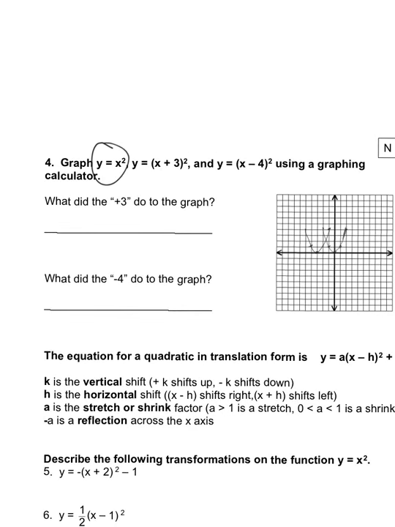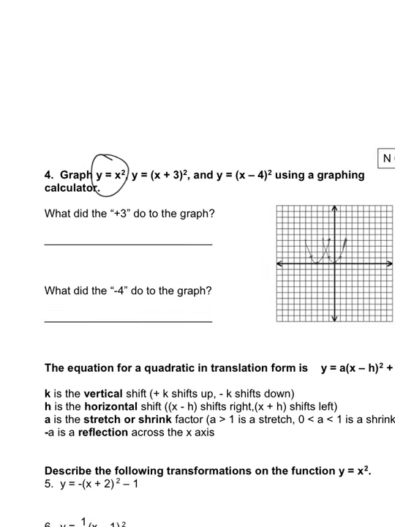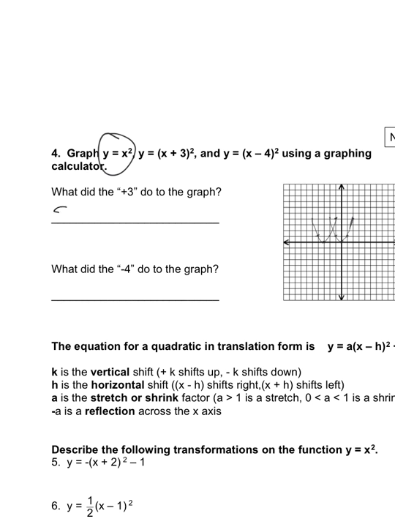So that's a shift left 3 units. So that means that on the next one, that would be a shift the opposite, shift right 4 units.